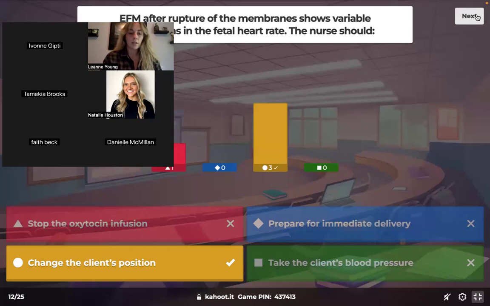So we want to change the client's position. Stopping the Pitocin infusion is not incorrect, because yesterday in lecture I said that if you're doing any type of intervention, you should be stopping your pit infusion.